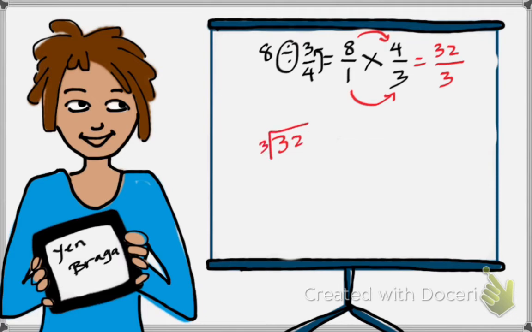So how many times does 3 go into 32? We have 10, 3 times 1 is 3, take away, that's 0, and 2. So our answer is 10 and 2/3. And that's our final answer.